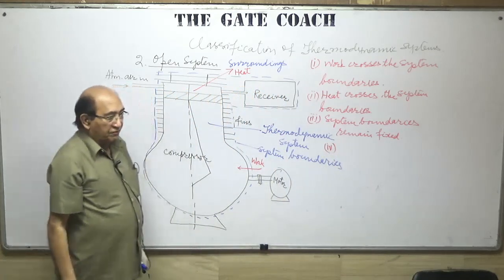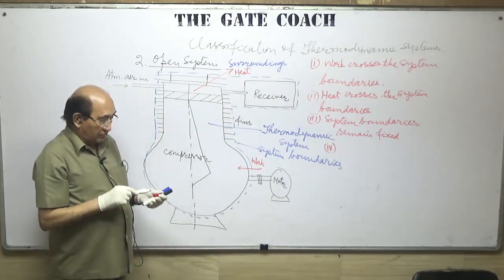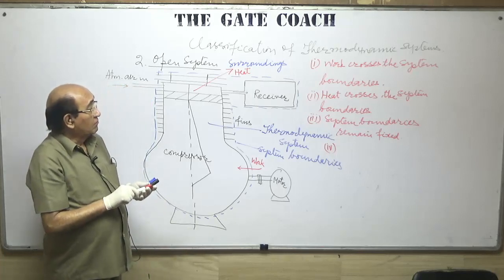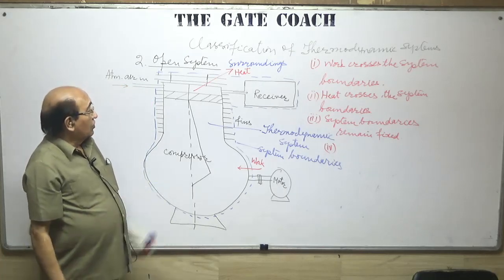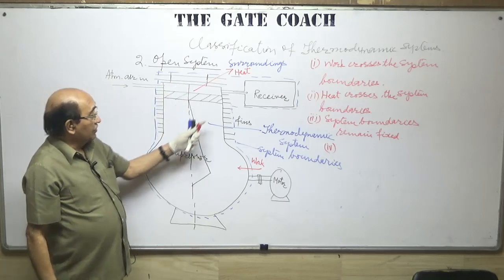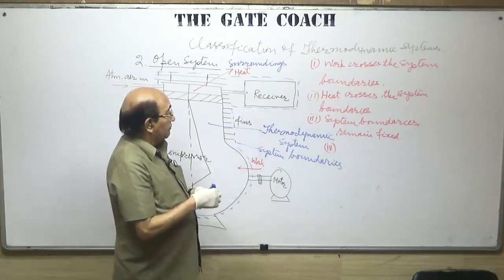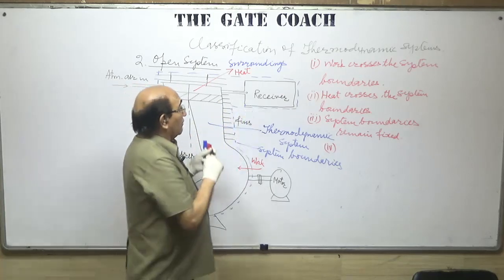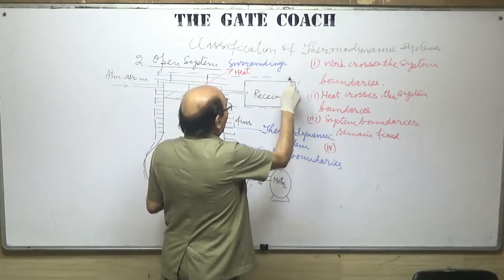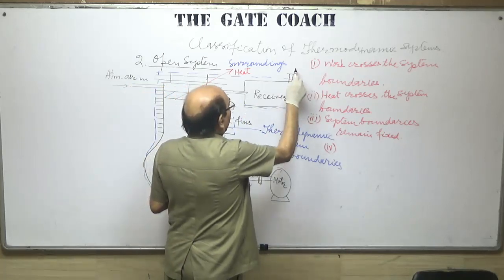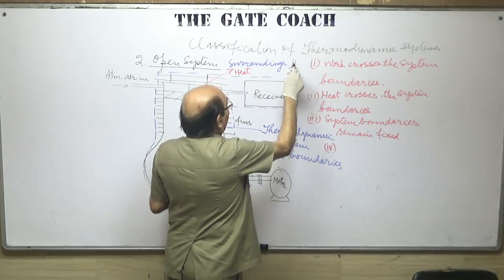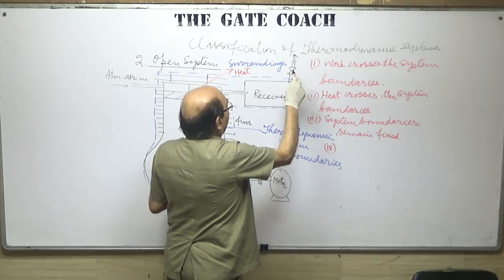How about the mass of the air comprising the system? Air was being compressed, collected in the receiver, and depending upon our requirements, we can take this high pressure air out with the help of a valve.